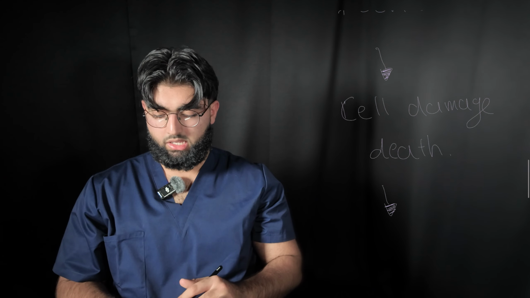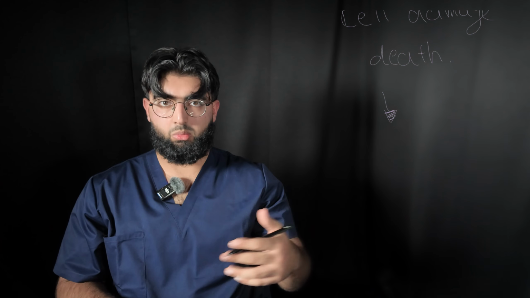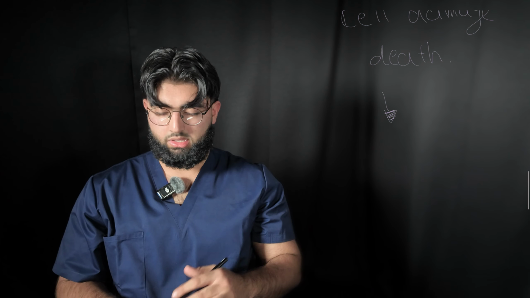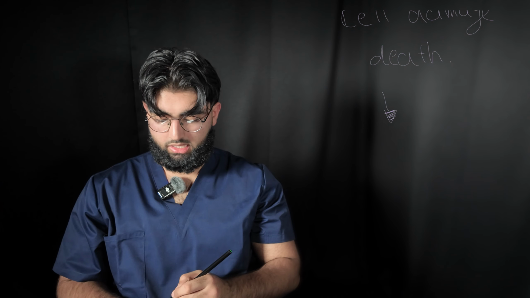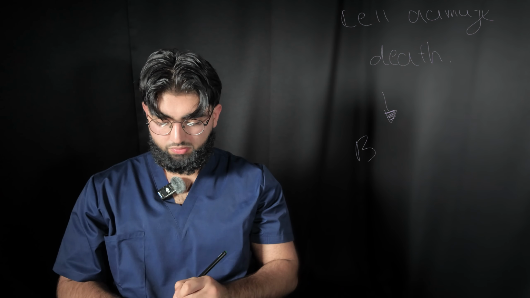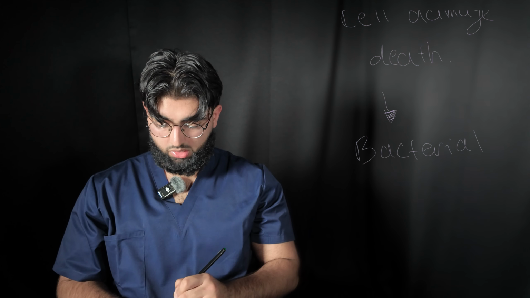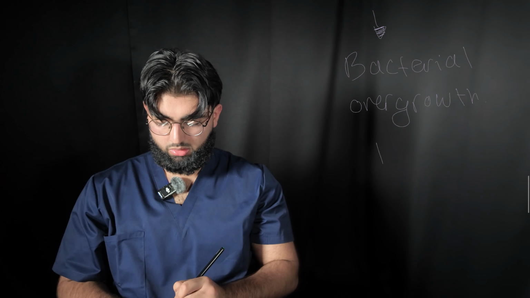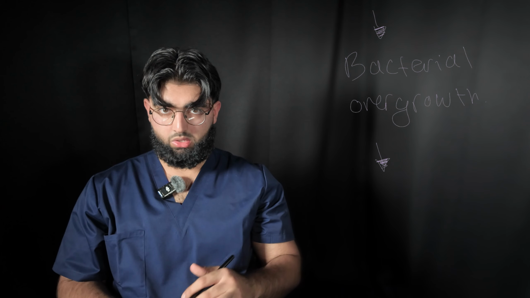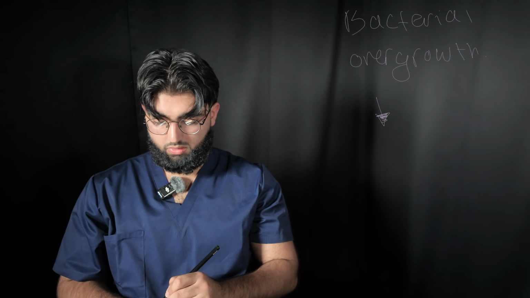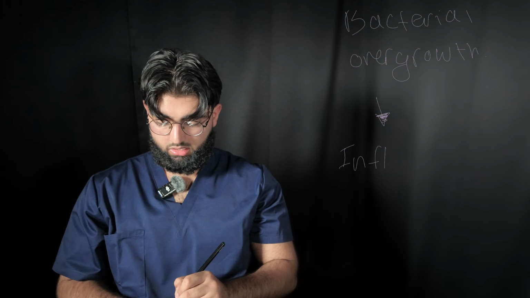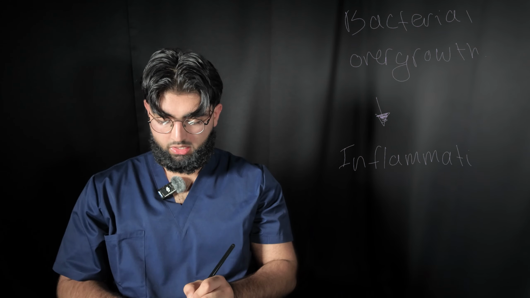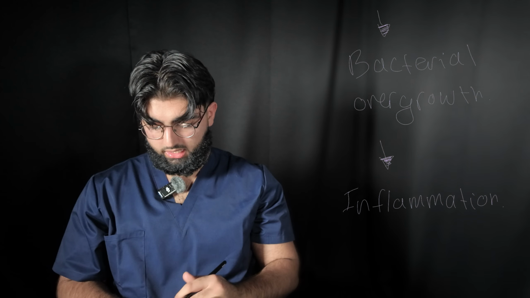When there is hypoxia, it means there is an anaerobic environment, so anaerobic bacteria can multiply and overgrow, and because they can't get flushed out, they continue to proliferate. That gives bacterial overgrowth, and then there's obviously going to be an immune response to that overgrowth, and that means there is inflammation.